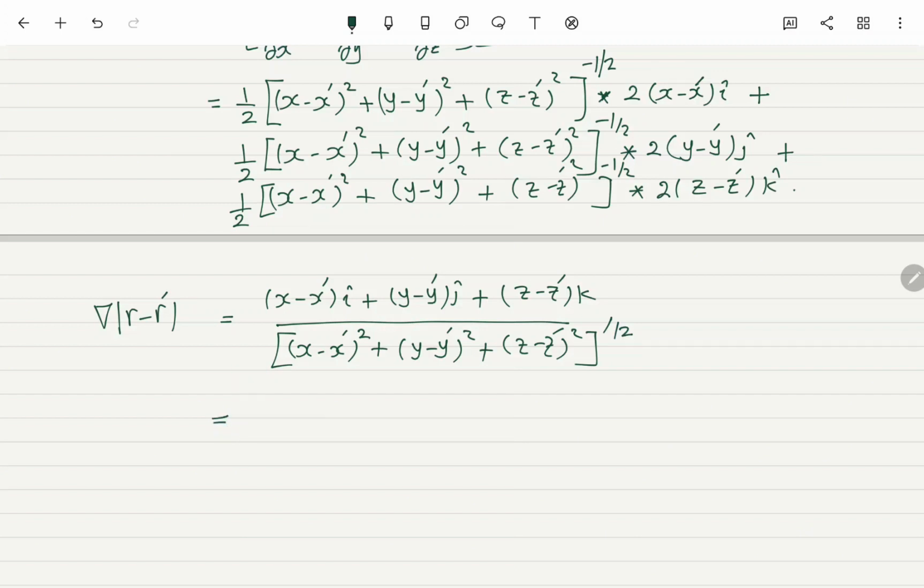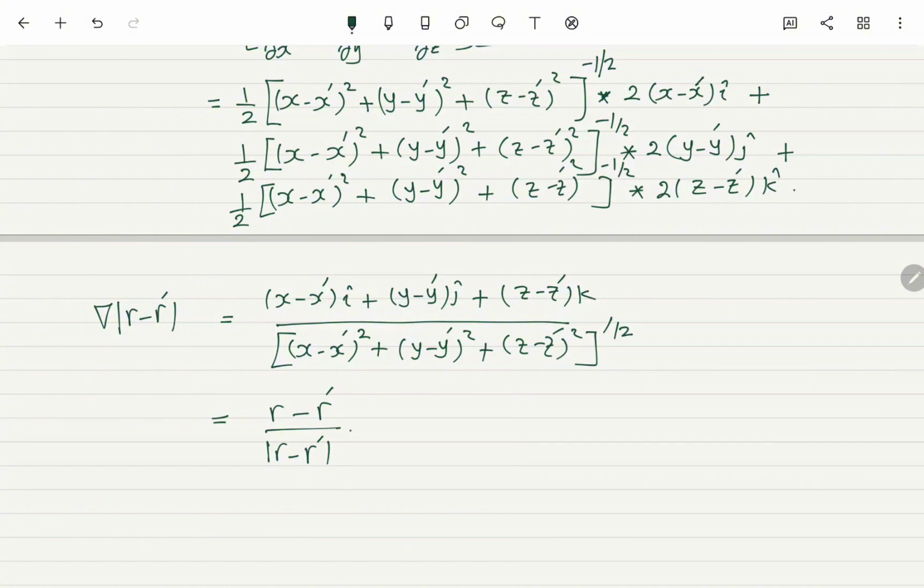Now remember, (x minus x prime) i hat, (y minus y prime) j hat, (z minus z prime) k hat is actually r minus r prime, and the denominator here is the magnitude of r minus r prime.